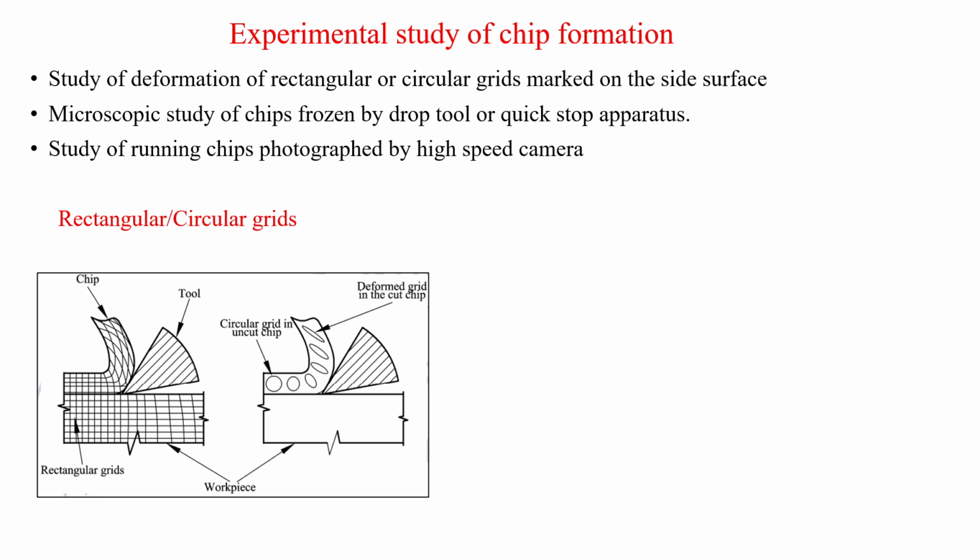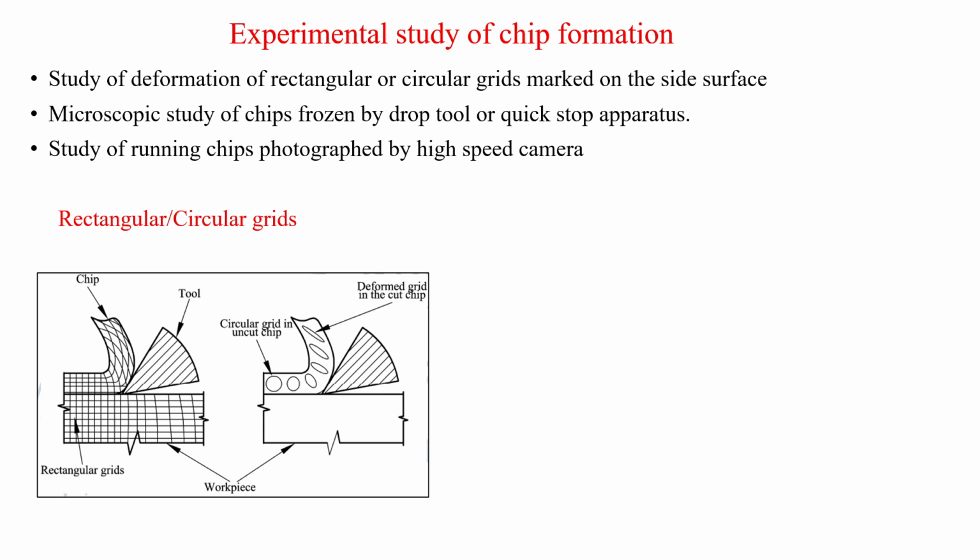If your chip is getting thinner or getting hot, then based on that you can do the force analysis and the temperature analysis. So the chip is a very critical factor of machining, so you should know how to evaluate chip formation.